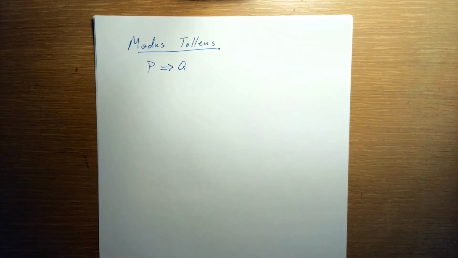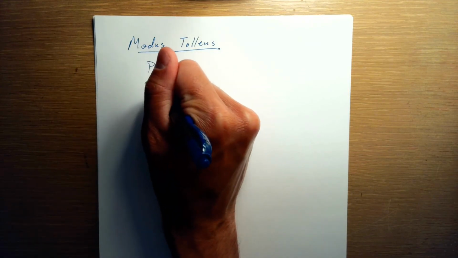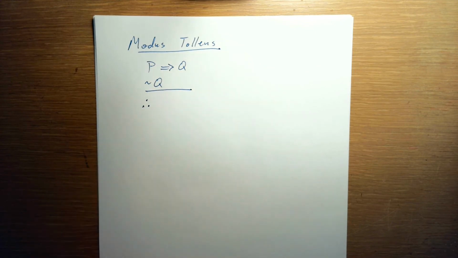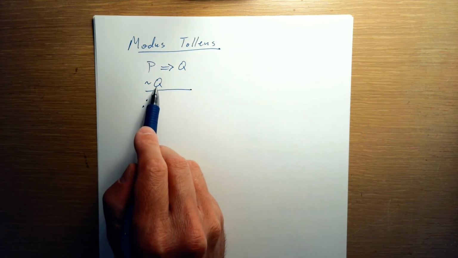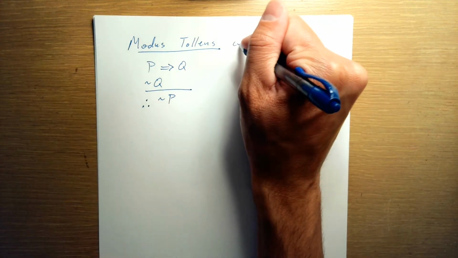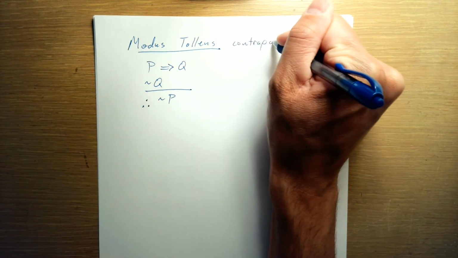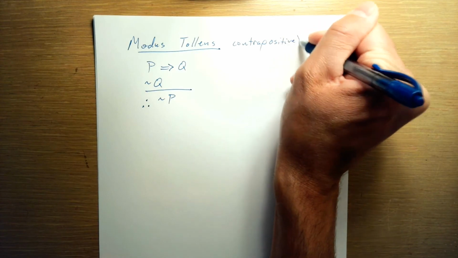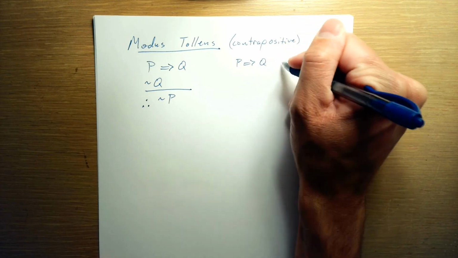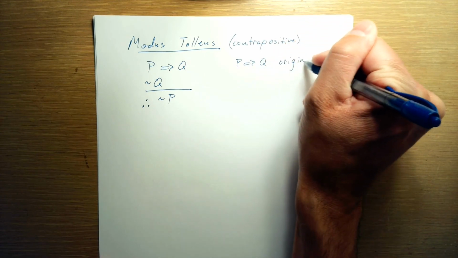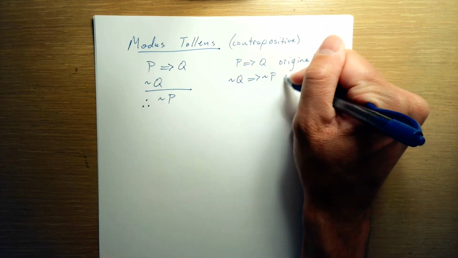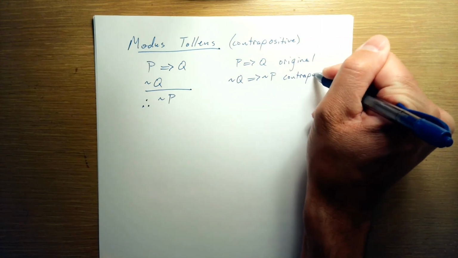P implies Q is assumed to be true, but then you assume that not Q is true, and your conclusion is not P. And notice this uses the contrapositive of P implies Q. So if P implies Q is our original statement, then not Q implies not P is the contrapositive.